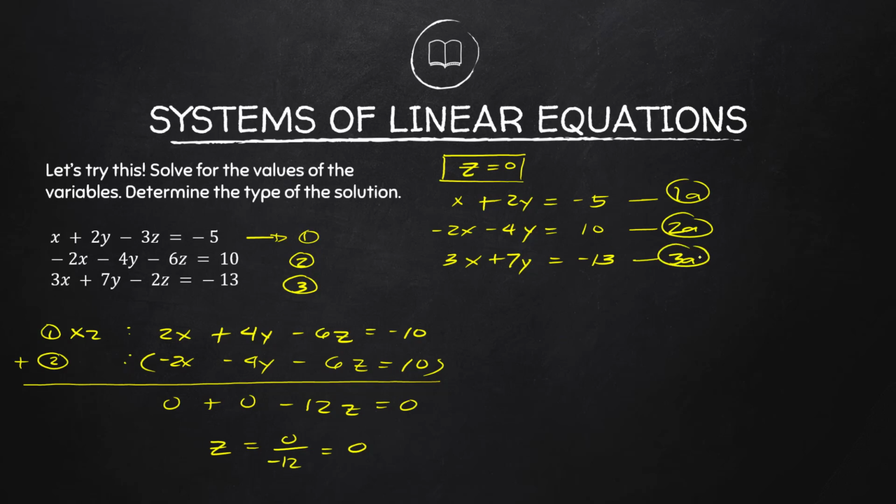So let's try to do the process of elimination for these two equations, 2a and 3a. What I will do with these equations is eliminate the variable x. To do that, they should have the same coefficients but opposite signs.